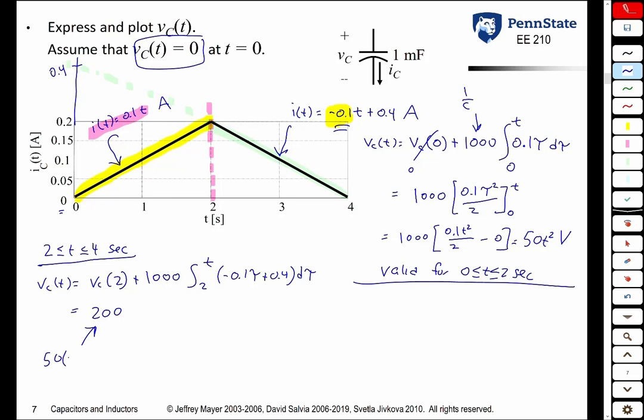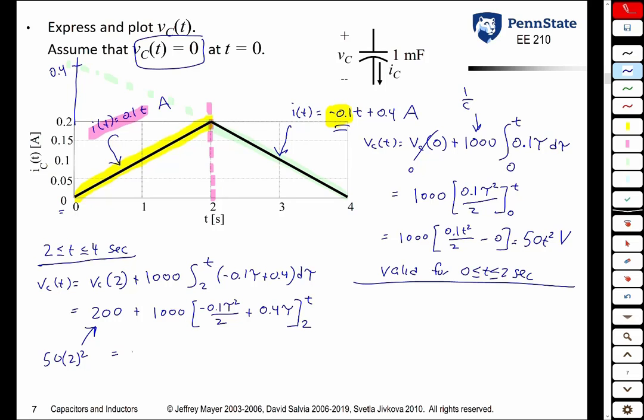50 times 2 squared plus 1,000 times the integral of minus 0.1 tau plus 0.4. The integral of minus 0.1 tau is minus 0.1 tau squared over 2. The integral of 0.4 is 0.4 tau. And we're going to evaluate that expression at the upper limit of t and the lower limit of 2.